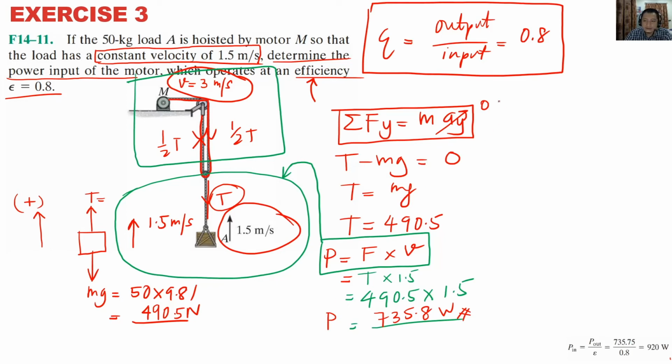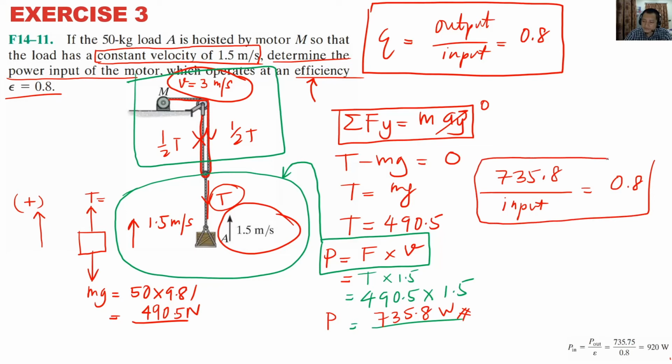Okay, so let's take a look. What can we do here? Input, we don't know. But output is 735.8 over input. Input you don't know, but you know the efficiency is 0.8.